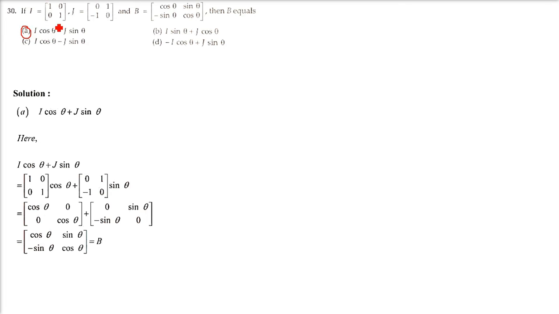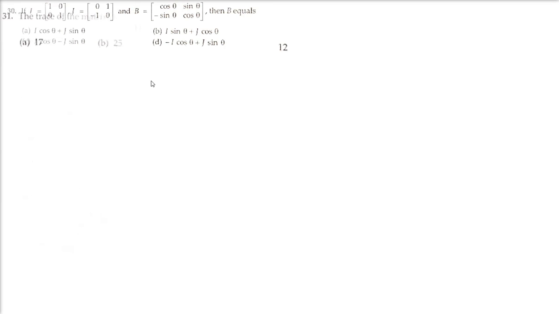So you have to multiply I with cos theta, J with sin theta. This is just scalar multiplication. So cos theta will go inside, wherever 0 is there, just leave it. Now just add it. So it will be cos theta, sin theta, negative sin theta and cos theta. So this gives you B. You have to see one by one, but we are fortunate that the first option itself has come.